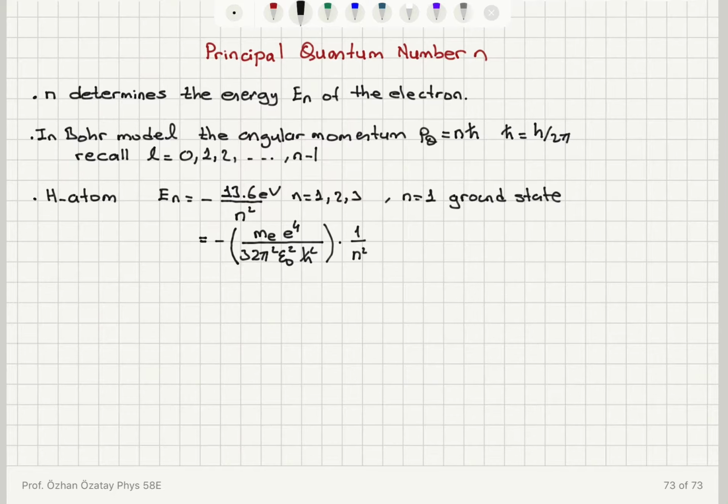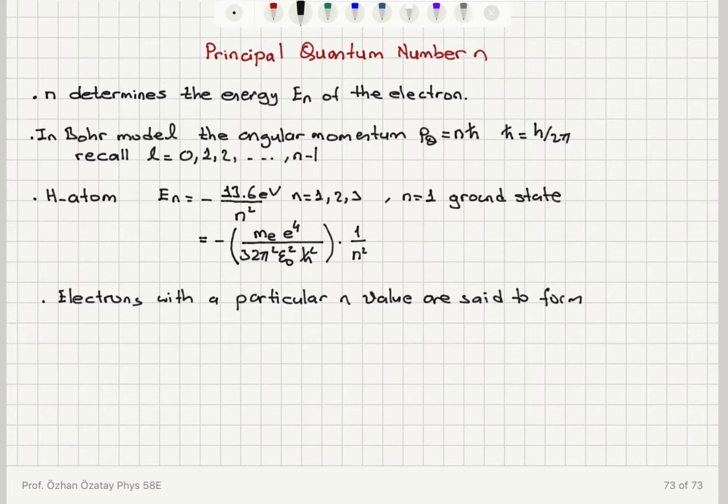When we have electrons with a certain n value, they are said to be in a particular shell. So electrons with a particular n value are said to form the nth shell.